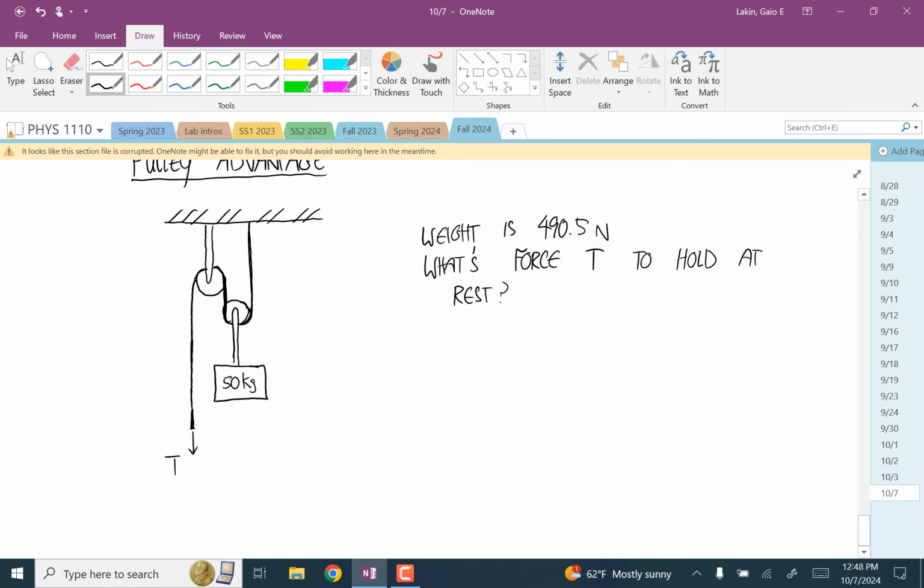Okay? And that sort of makes sense. That's kind of what you would guess is going to be required. But we're going to see with this setup, that force is cut in half. You can hold this thing up, not let it fall, by applying a force of 245.25. Yeah, I think that's right.